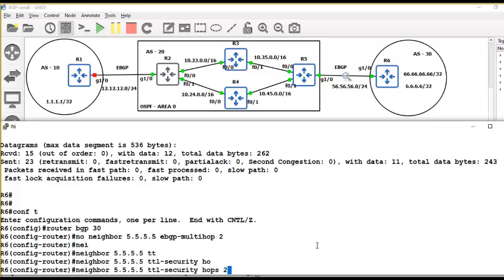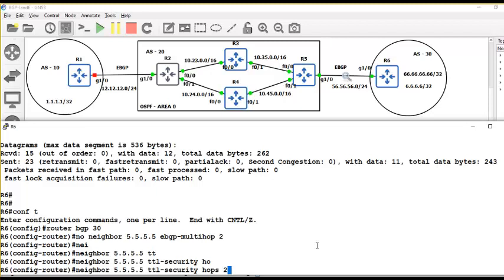When I receive a packet, the incoming TTL should be 255 or 254, down to 255 minus 2, meaning 253. If someone is sending a packet with 255 and I receive it with 254, what does that mean? He is 1 hop away. If I receive the packet with 253, what is the meaning? He is 2 hops away.